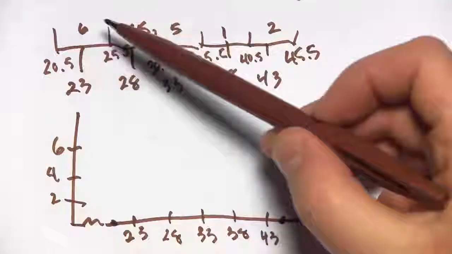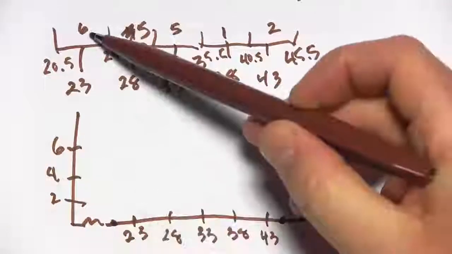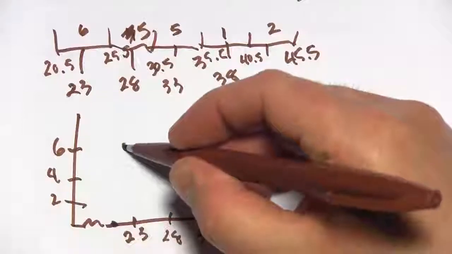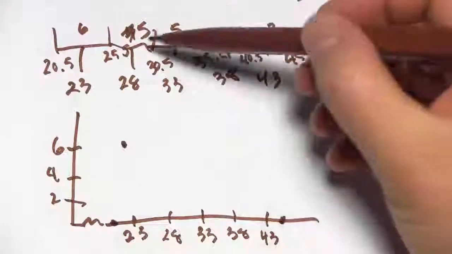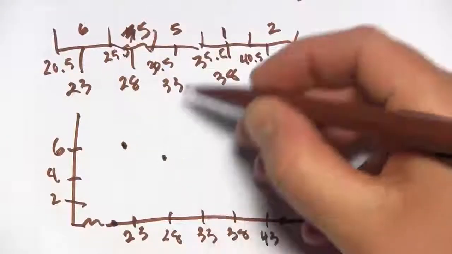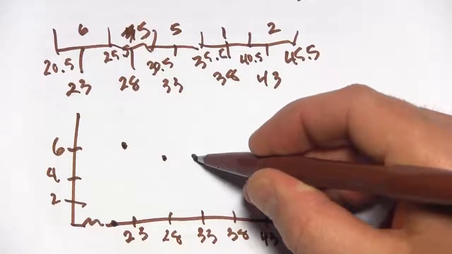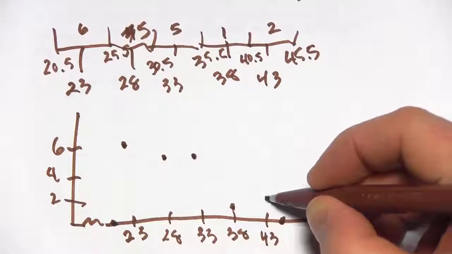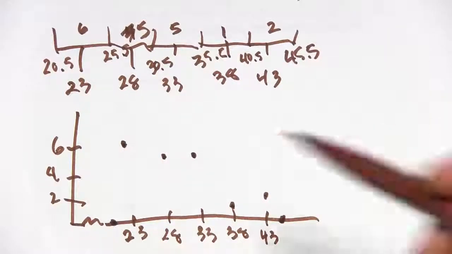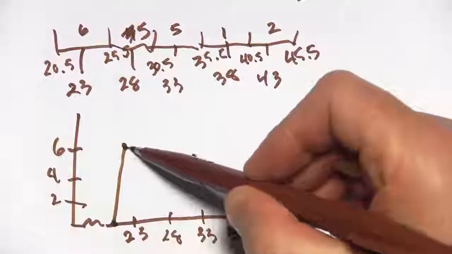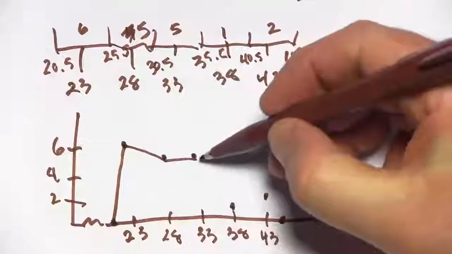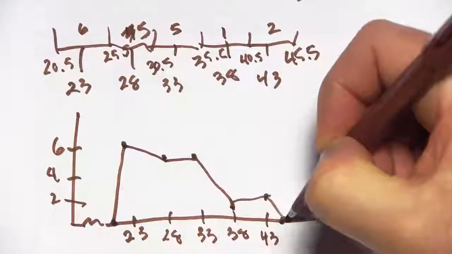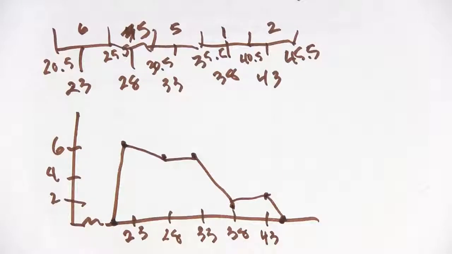All right, so our first class with a midpoint of 23 has 6 members, so that gets a 6 there. Our next class has 5. Next one also has 5. And then we drop down to 1 and 2 for the last class. And now you just connect the dots. That is a frequency polygon.